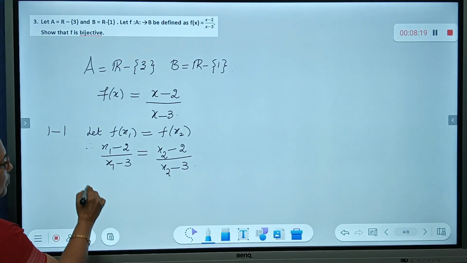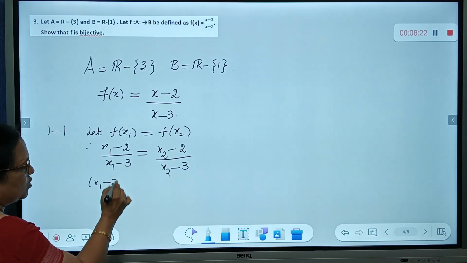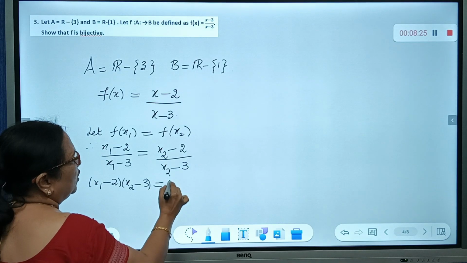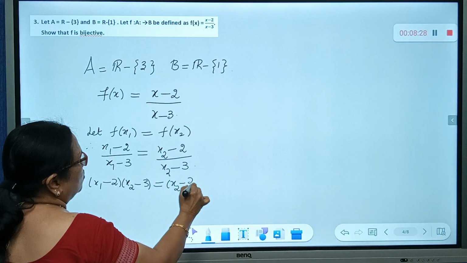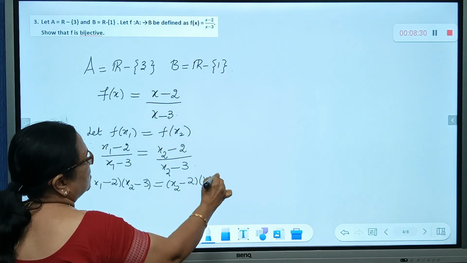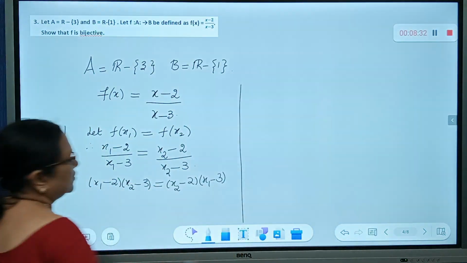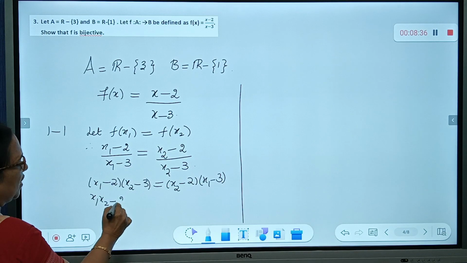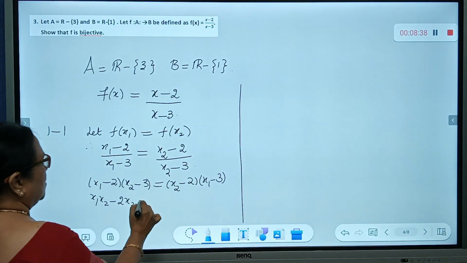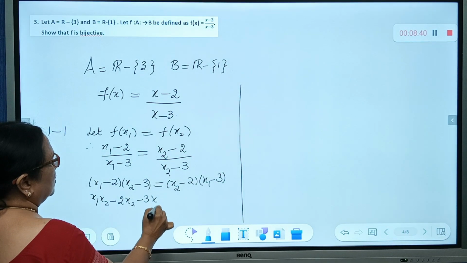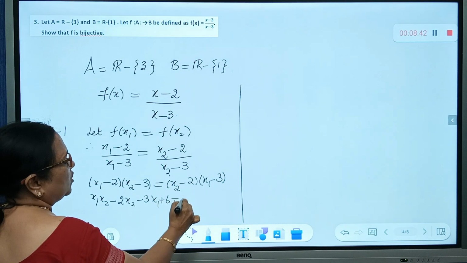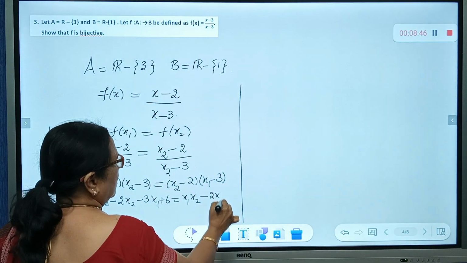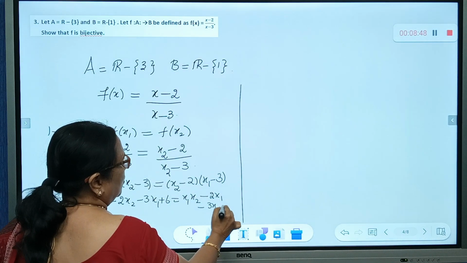So, cross multiplying, x1 minus 2 into x2 minus 3 is equal to x2 minus 2 into x1 minus 3. Simplifying, x1 x2 minus 2x2 minus 3x1 plus 6 is equal to x1 x2 minus 2x1 minus 3x2 plus 6.